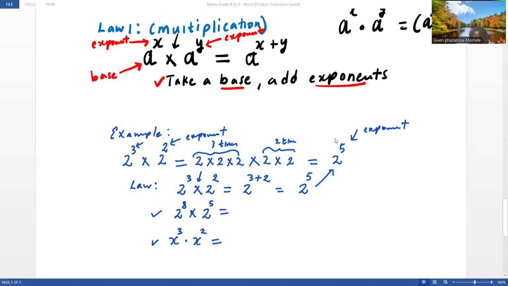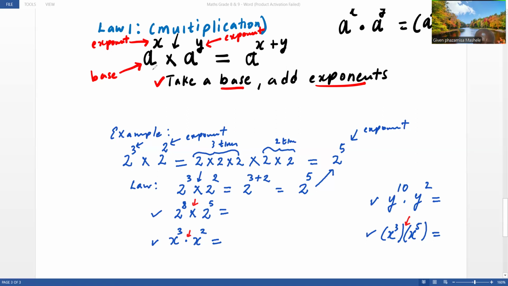Another one, y to the exponent of 10 dot y to the exponent of 2. And another one, x to the exponent of 3 and x to the exponent of 5. Now, look at this. I said under multiplication, we use either a cross, or a dot, or a bracket. It's also the same as multiplication.